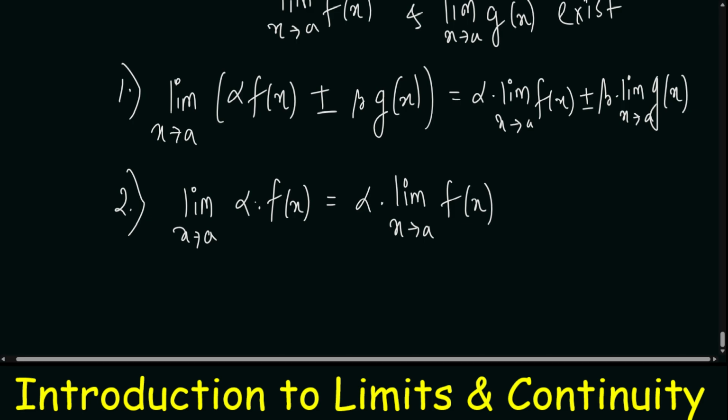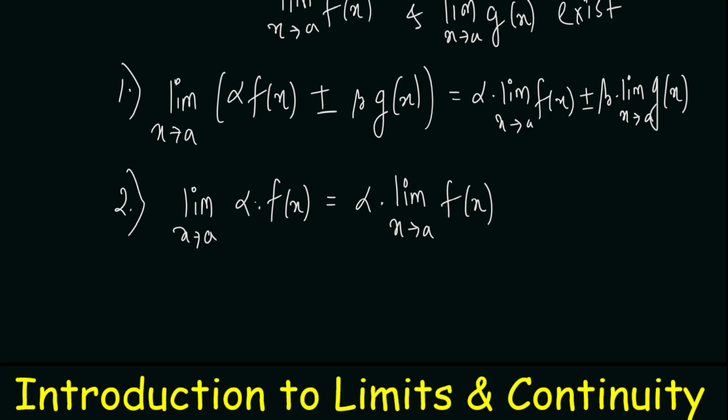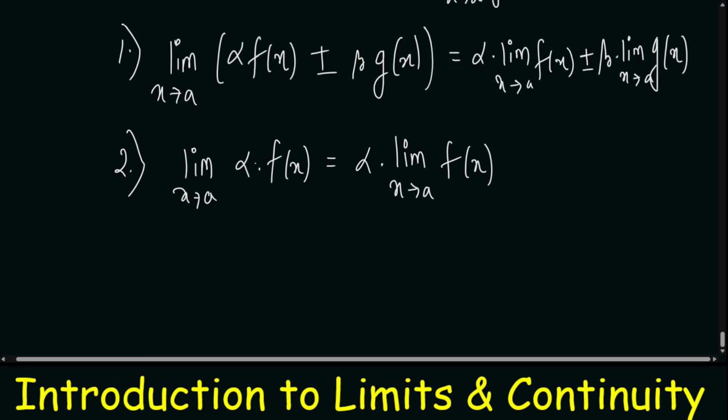The constant has no role inside. So this is a constant, which means it is devoid of x. Alpha has nothing inside which depends on x. That is why we can take it outside and we treat it as a constant with respect to this particular limit. This is the second property which you might have already realized from the first property where we made this assumption of linearity.